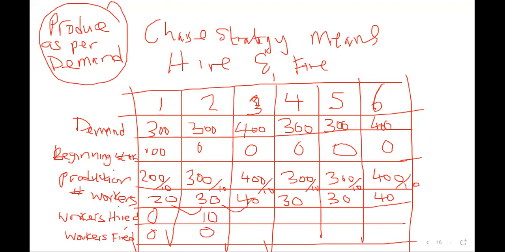From here to here, we have also hired another 10. You haven't fired. From here to here, we have laid off 10. You haven't hired. We are looking at the variation also. Here, you haven't hired and you haven't laid off. Then here, you have hired 10. Then you haven't laid off.